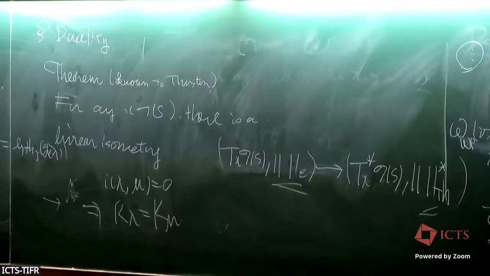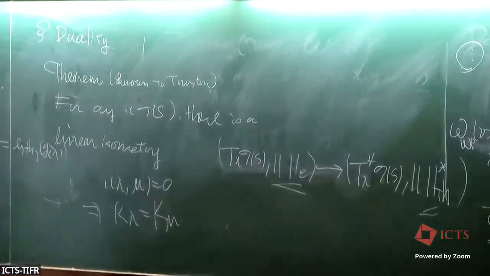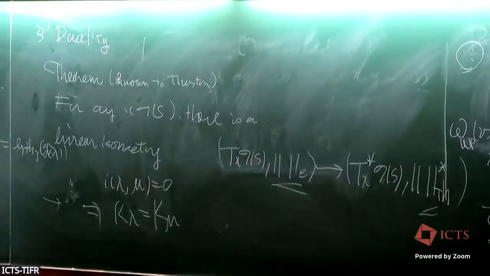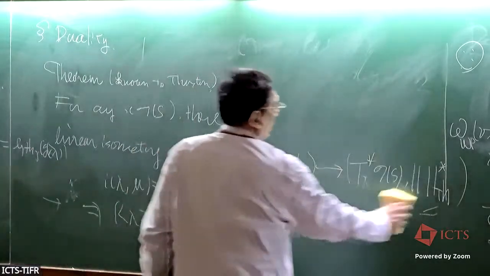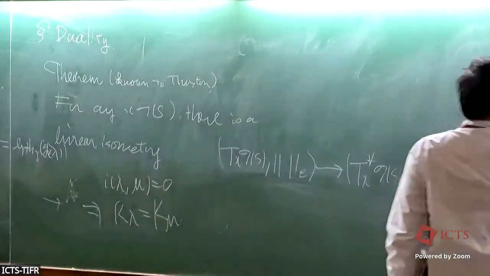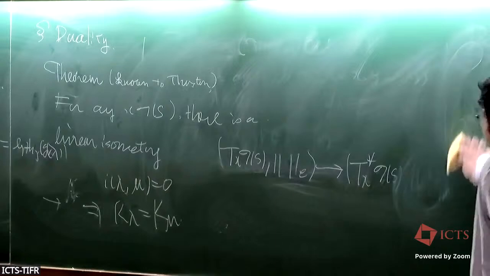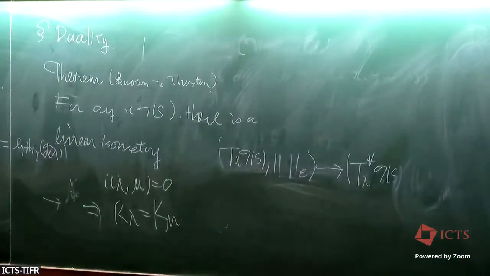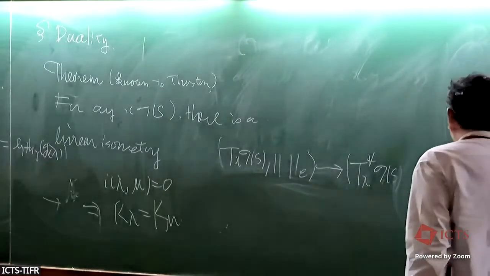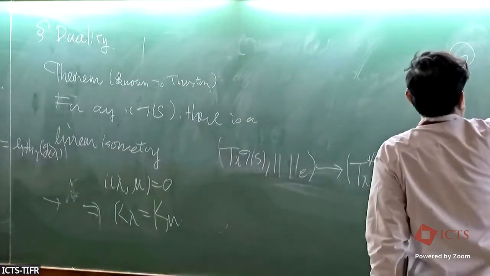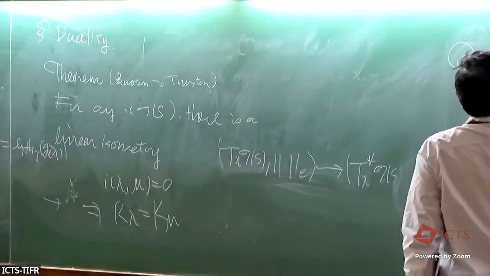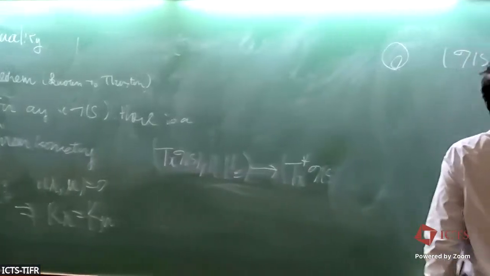So by this kind of argument, we can show this kind of rigidity. In the remaining 2 minutes, let me just mention that there are other properties we have proved. One is that this space is not complete.